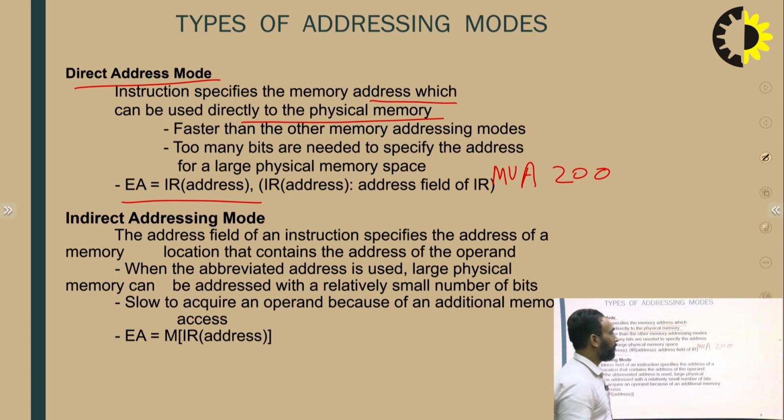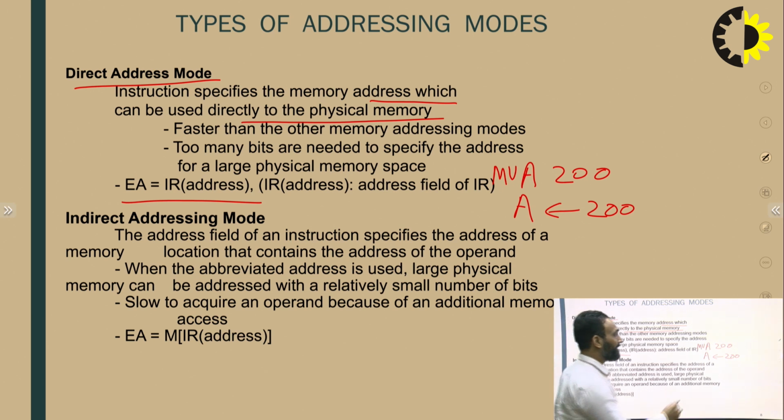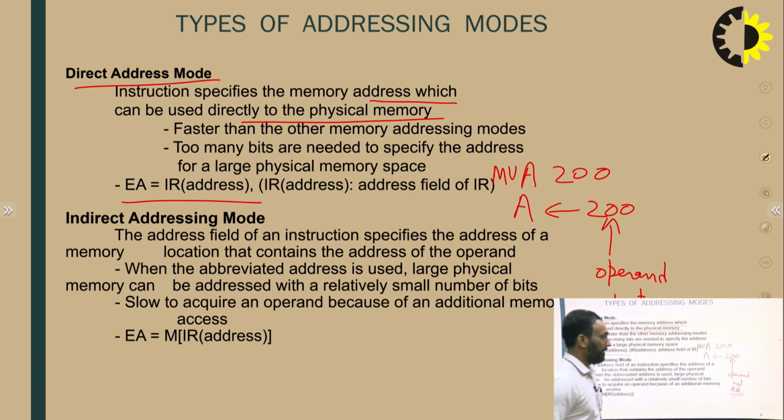What it means here is that in the accumulator directly 200 will be stored. That is the value of the operand, not the address, right? We will also understand this when we take the example of all the addressing modes at the end of this video lecture.